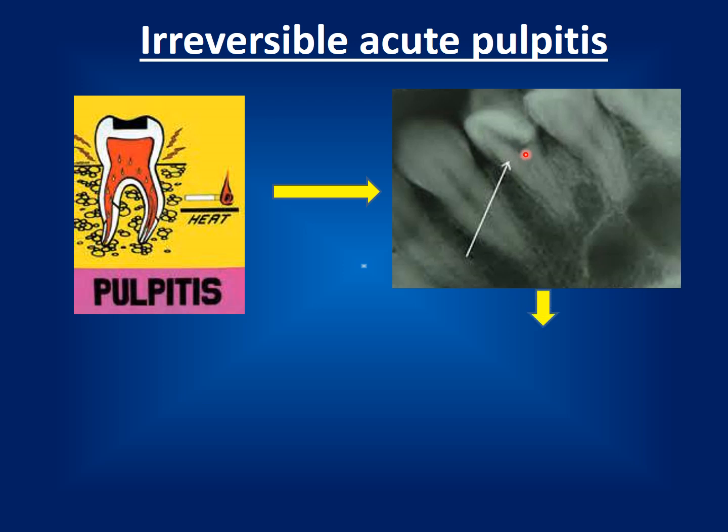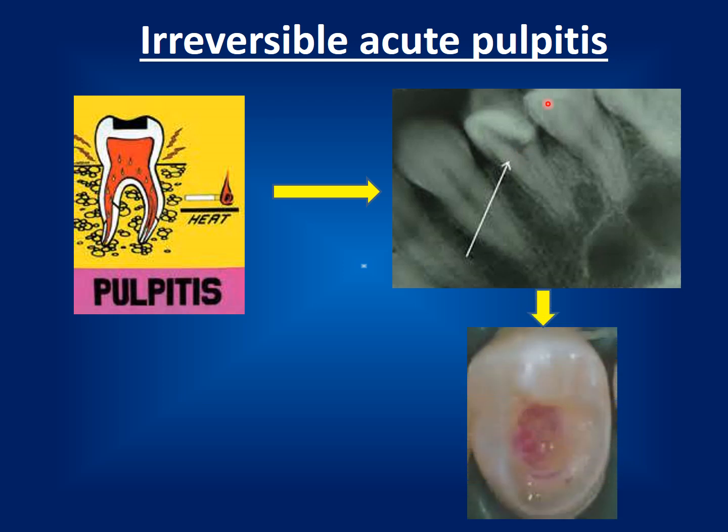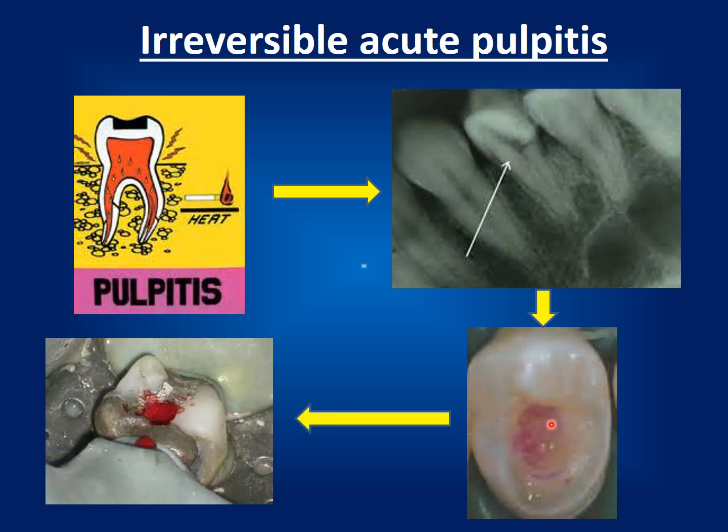When we remove the old filling, we can see the reddish area in the pulp, indicating that there is high pressure in the pulp, and when we open the roof of the pulp chamber, there will be extrusion of blood that has been trapped in the pulp chamber.